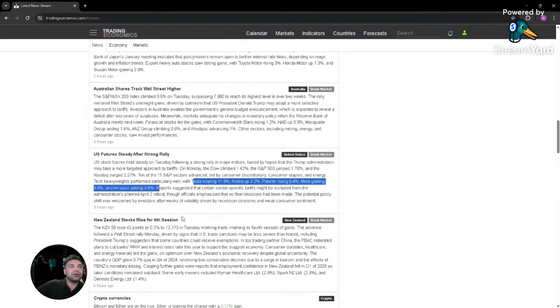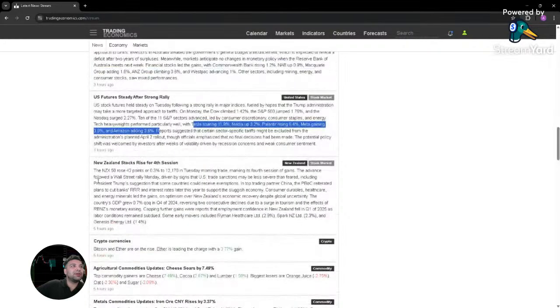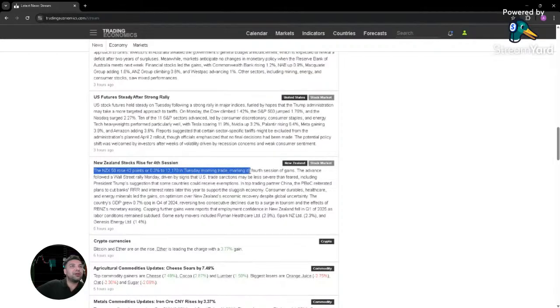Now they're going on a bullish side, and then we can see New Zealand. The NZX 50 rose 42 points, or 3%, on Tuesday morning trade, marking its fourth straight gain.